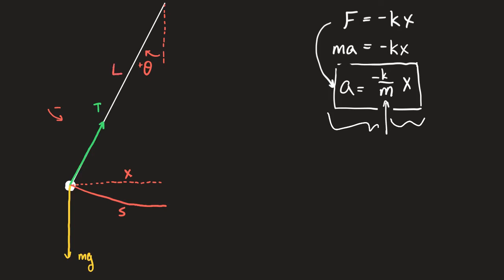If the length of the string is L, I see a right triangle. Do you see it? So the sine of theta would have to be opposite over hypotenuse. You guys see that okay?